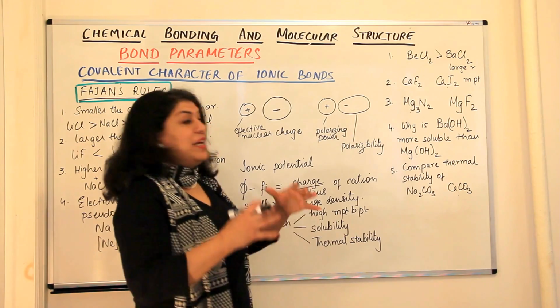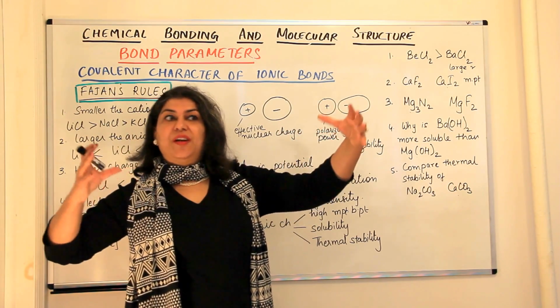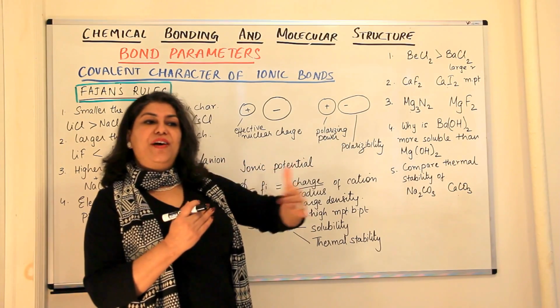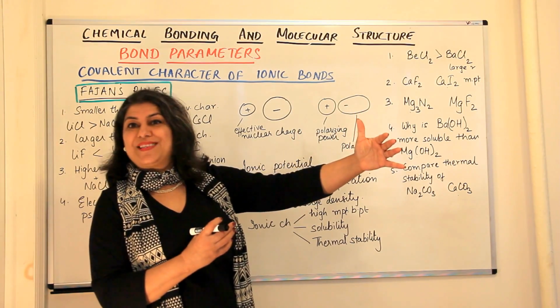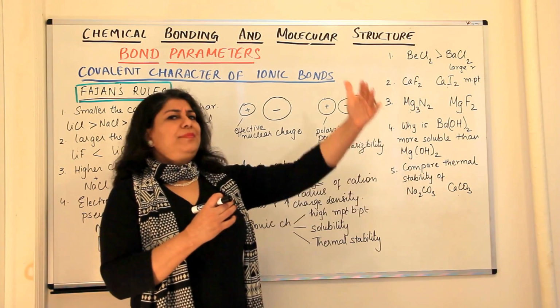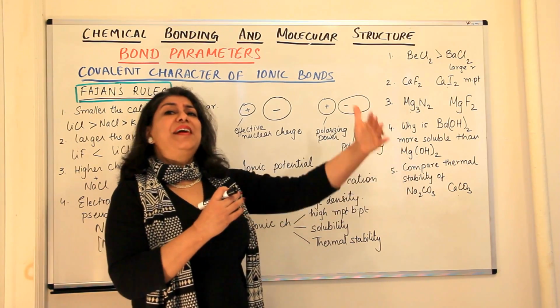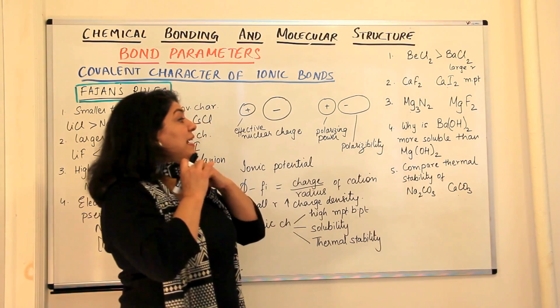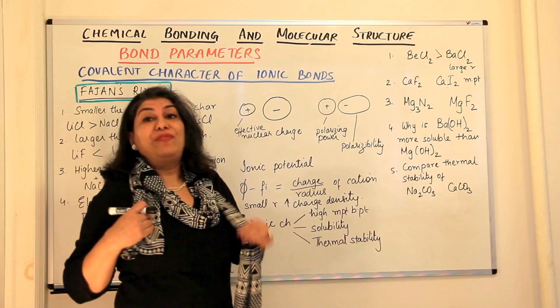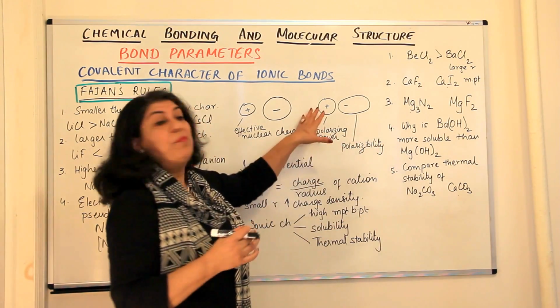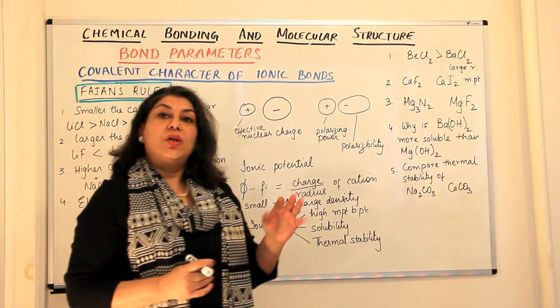On the other hand, if the anion is larger, the larger and larger an anion gets, the electrons are further and further away from the nucleus. And if they are further away from the nucleus, they are experiencing lesser and lesser attraction by the nucleus. Therefore, it is very easy for them to get polarized, for them to be attracted by the positive cation.